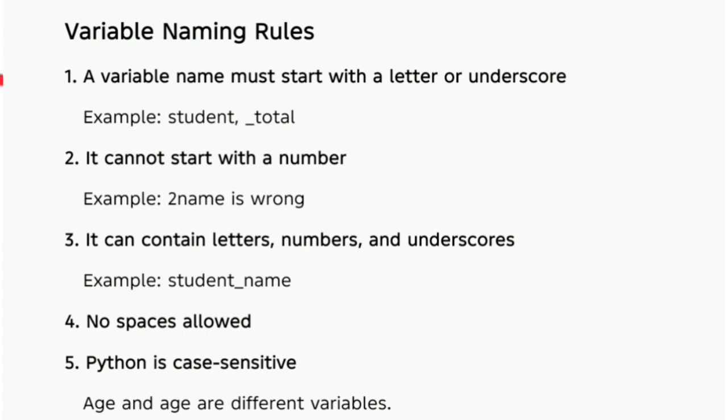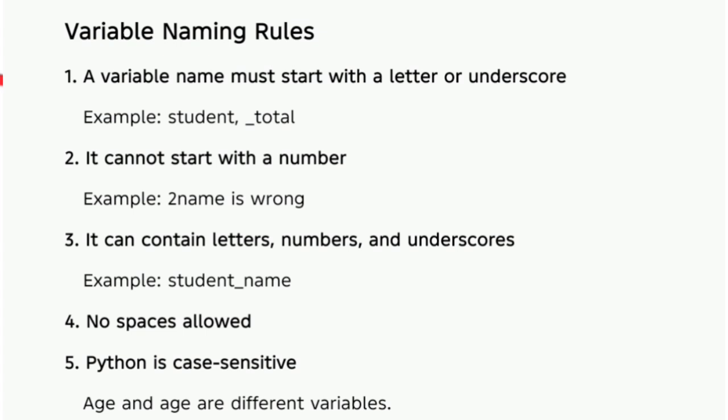And rule number 5, Python is case sensitive. This means that when you have two variables, Python will treat them differently if one variable contains a capital letter, whereas the other one has no capital letter.